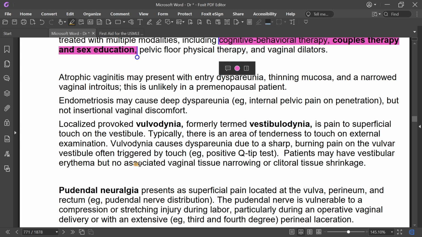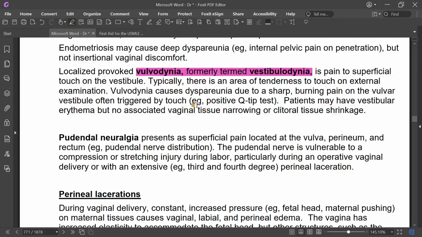The patient may have vestibular erythema, but no associated vaginal tissue narrowing or clitoral shrinkage.